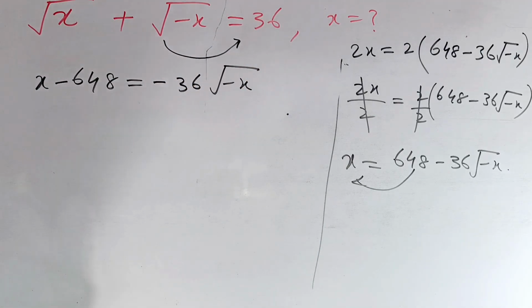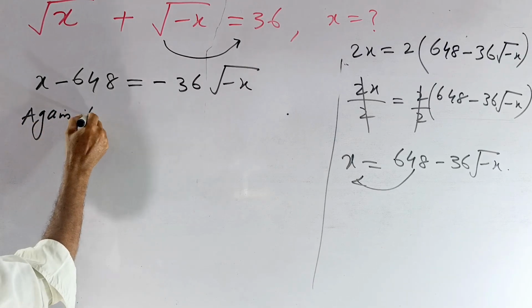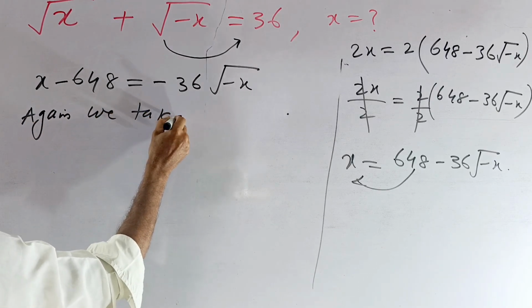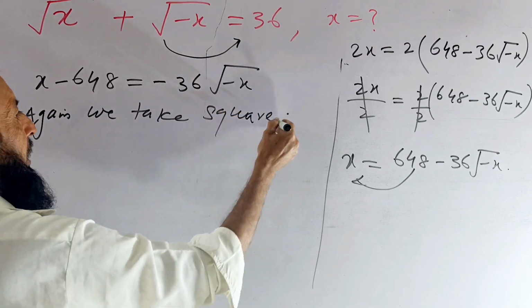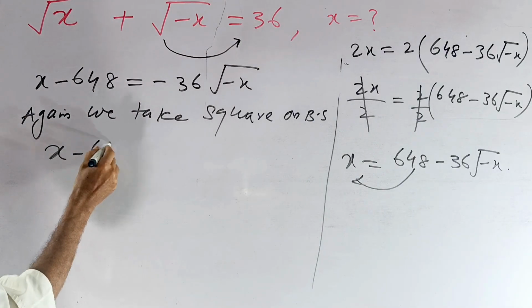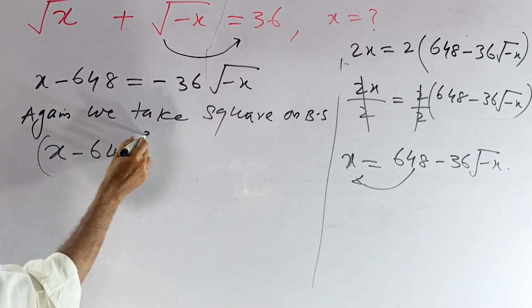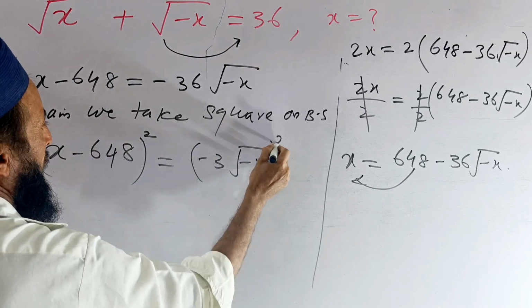Now again taking square on both sides of this equation, x minus 648 whole square is equal to minus 36 under the root of x whole square.